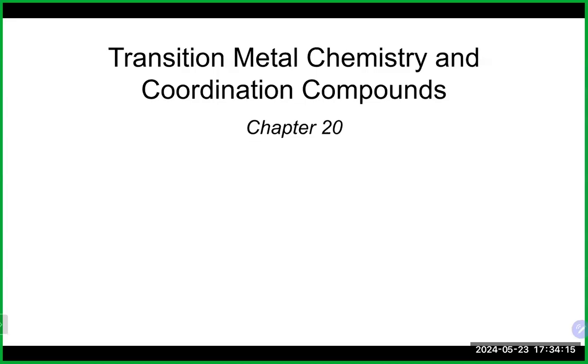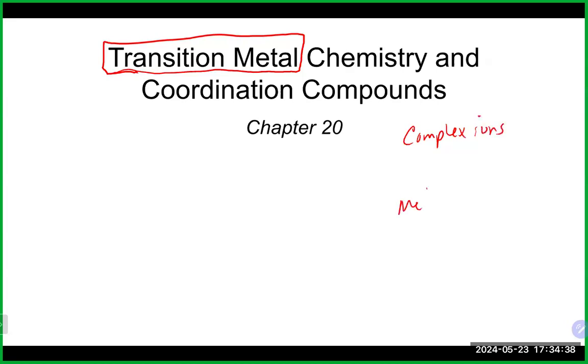So a majority of this chapter is gonna be on really coordination compounds and complex ions. But we already got to the beginning here, gonna talk a little bit about transition metals, and some of it will probably be review for you, because a lot of cases are complex ions, as we will see, are usually a metal ion, and attached to that, they're attached to several molecules or ions.